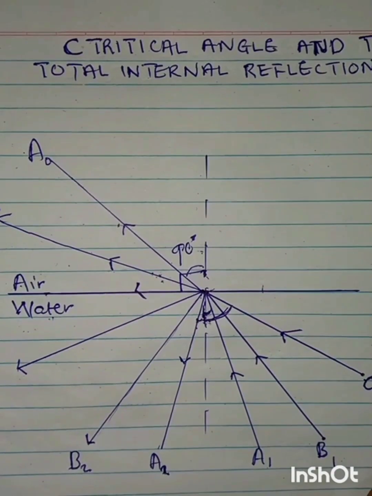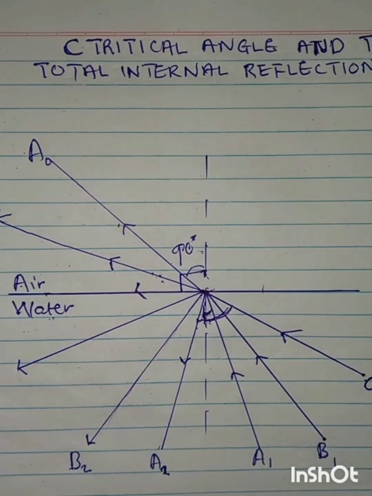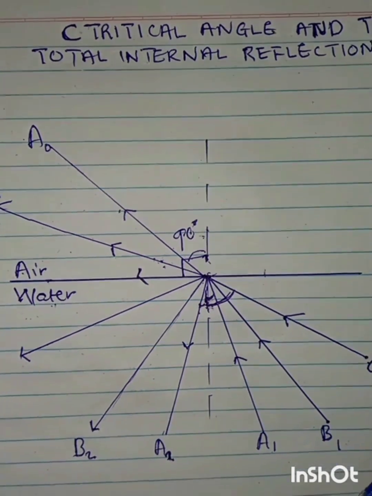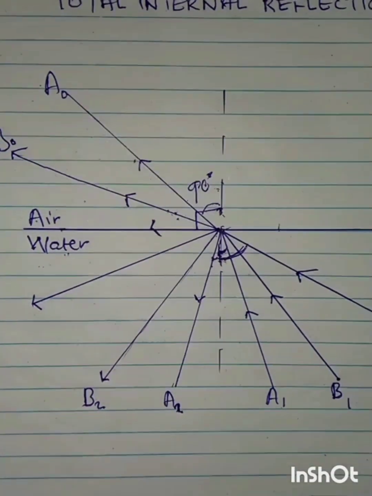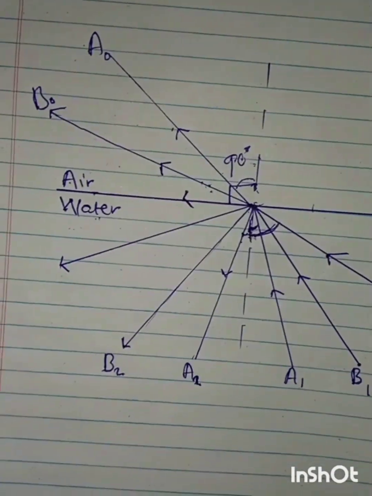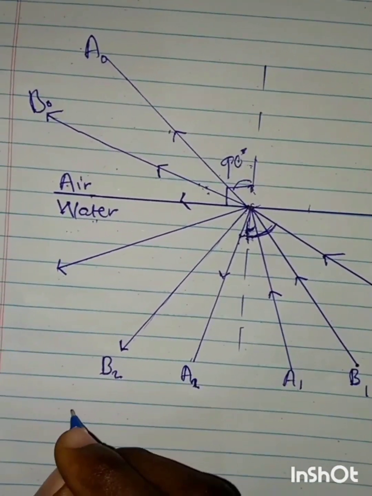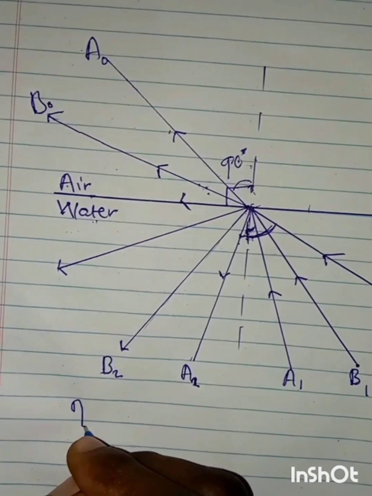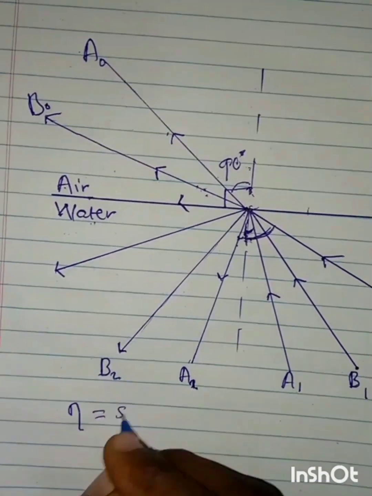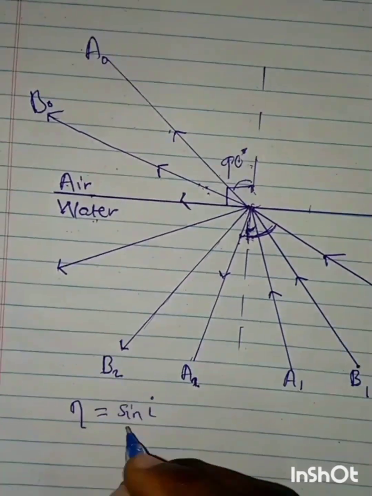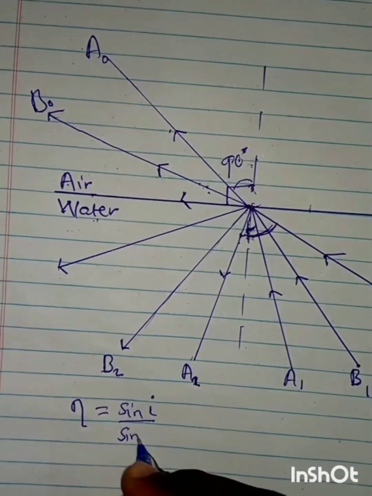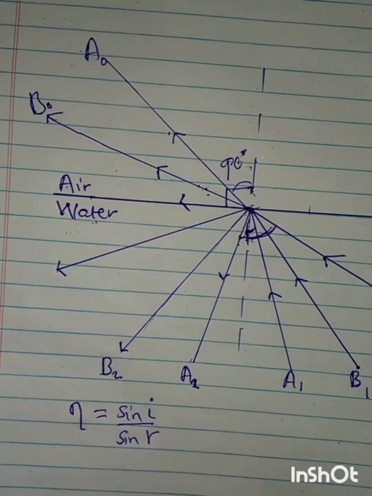Now, I have a question for you. Can we use the critical angle to determine the refractive index of a material? Absolutely yes. Let me show you how we can use the critical angle to determine the refractive index of a material. The refractive index of a material equals the sine of the angle of incidence over the sine of the angle of refraction.